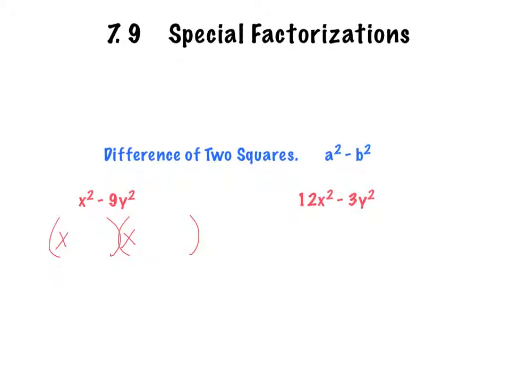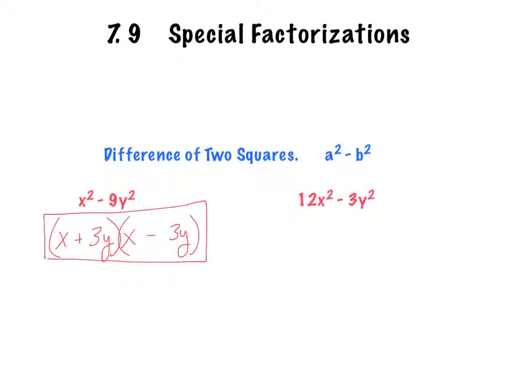And basically what you're always going to do is square root this and split it evenly, and split this one evenly. So that's going to make this be a 3y and a 3y. Which will always happen because this will always be a perfect square. And then since it's a negative 9, I'll want one of those to be a plus and one of those to be a minus.